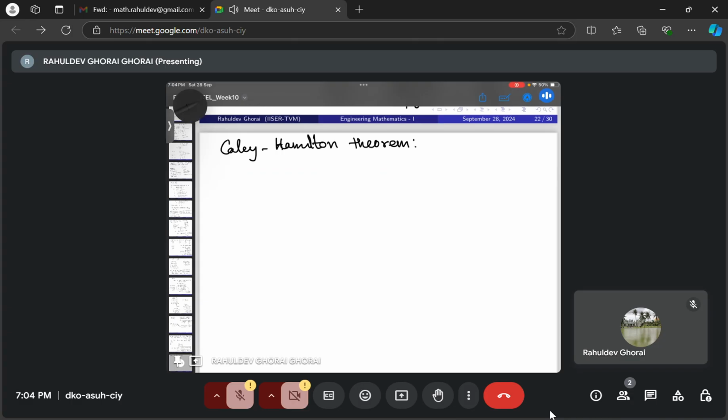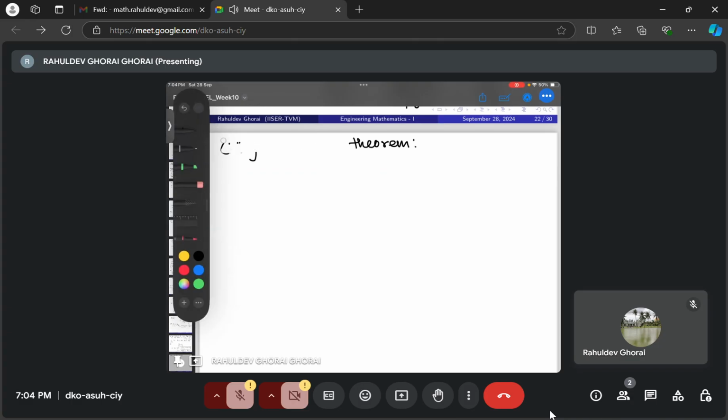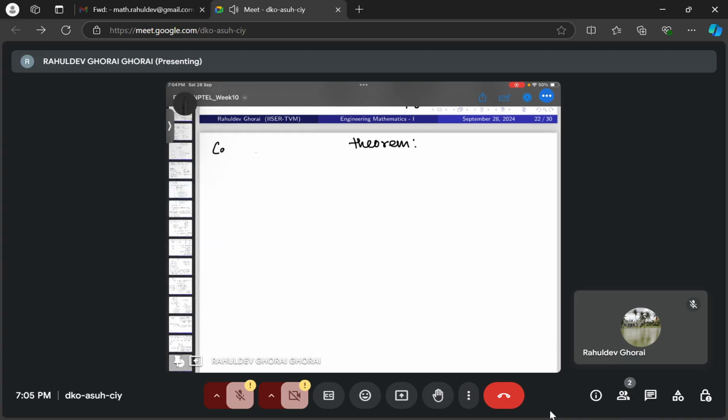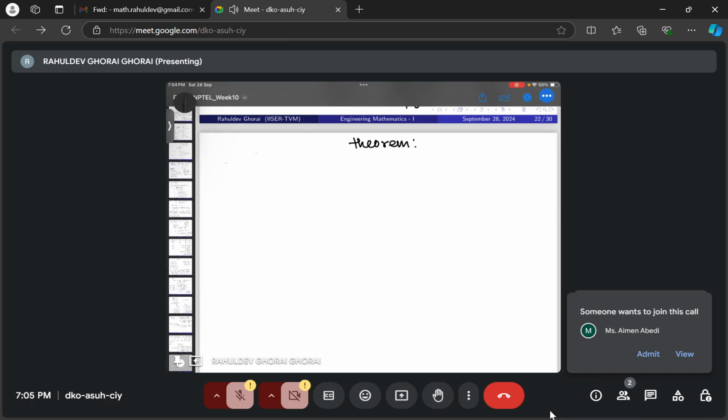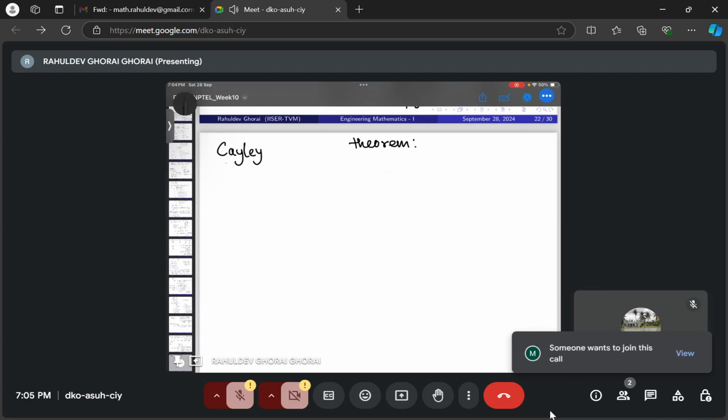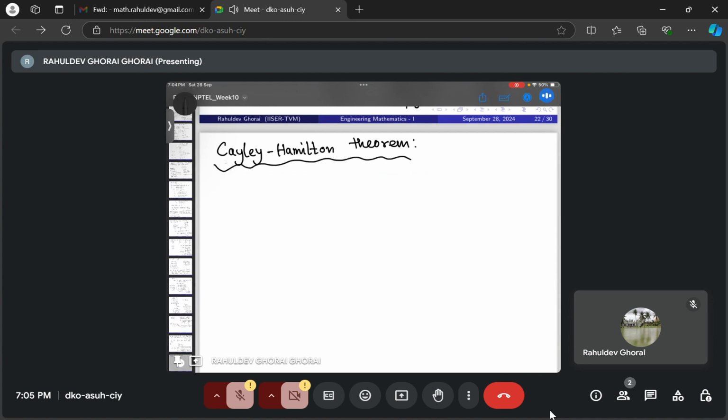What it says is that the matrix will satisfy its characteristic polynomial.